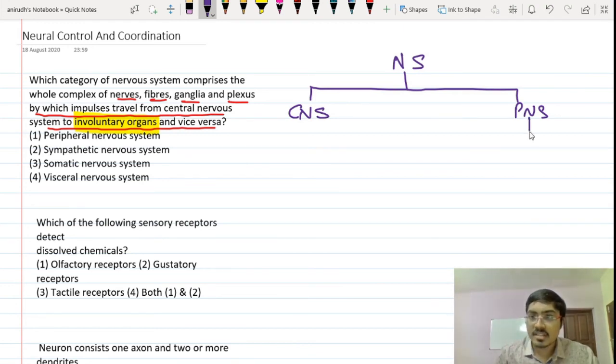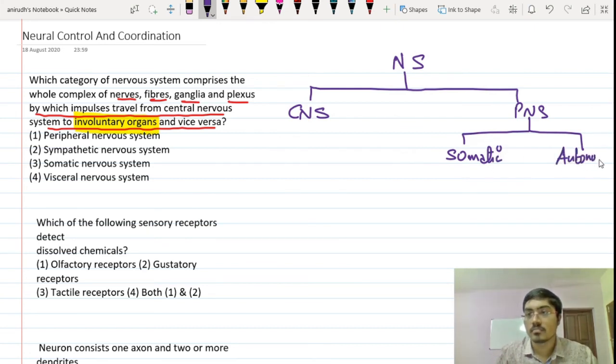Now this peripheral nervous system is divided into two parts, that is somatic nervous system and autonomic nervous system. This autonomic is again divided into sympathetic nervous system and parasympathetic nervous system.